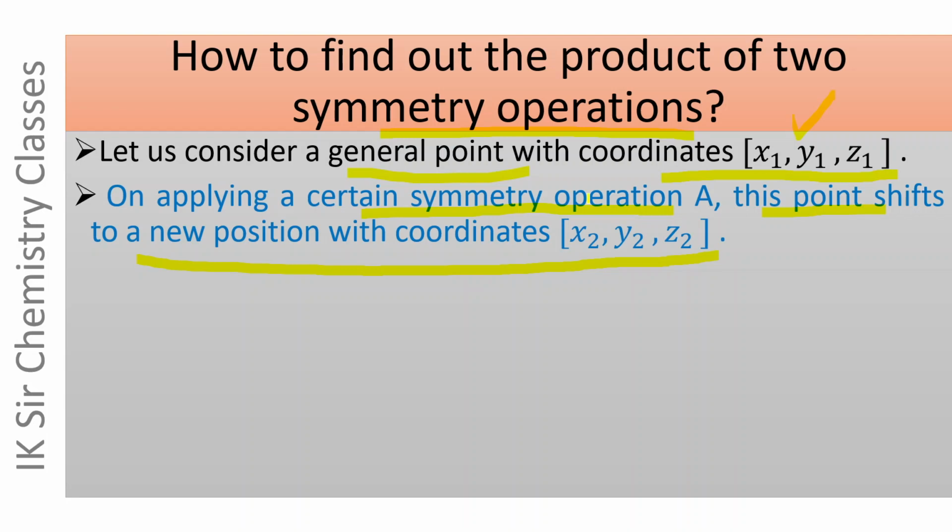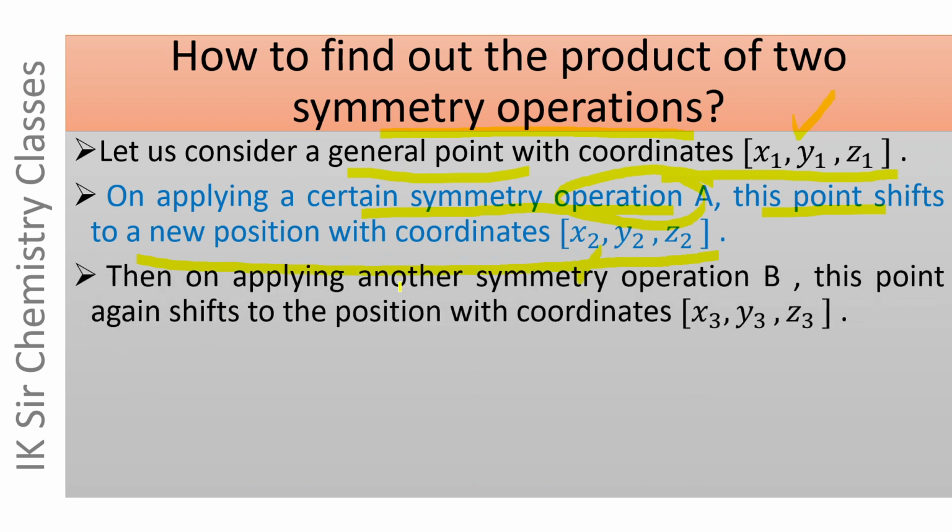Then symmetry operation A is applied on the molecule. As a result, the position of this point shifts to a new position with coordinates x2, y2, z2. Then on applying another symmetry operation B, this point again shifts to the position with coordinates x3, y3, z3.